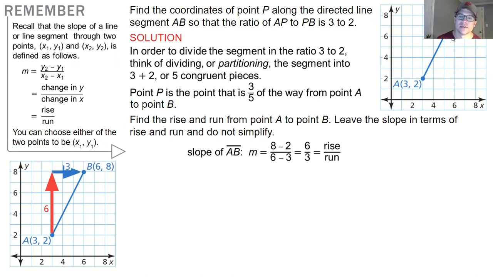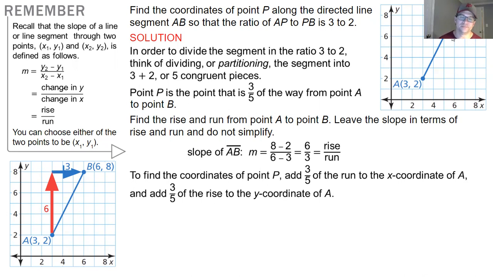So the rise is 6, the run is 3. To find the coordinates of P, we're going to add 3/5 of the run to the x coordinate of our A point, and then add 3/5 of the rise to the y coordinate of our A. So this is what it's going to look like.